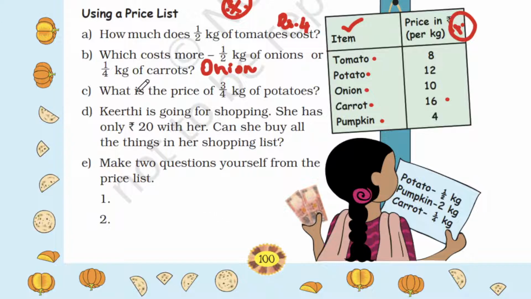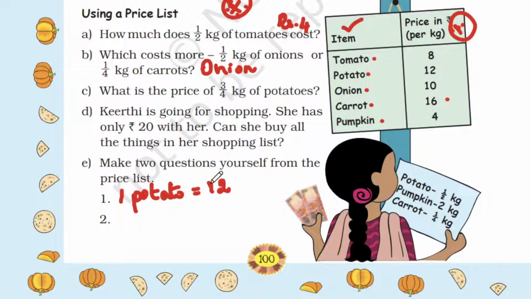Next question. What is the price of 3/4 kg of potato? So 1 kg of potato is how much? 1 kg of potato is rupees 12. So we need to find out 3/4 of potato.